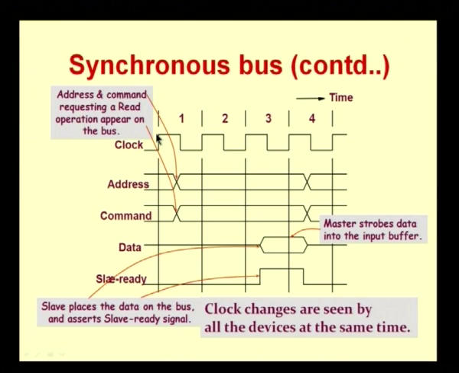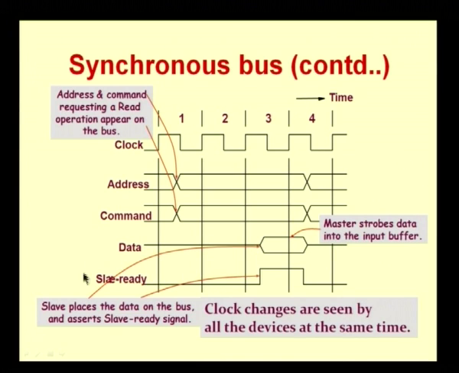You can see here I have a clock, the bus clock, running through, and say at the first clock cycle the address and the command are placed on the bus. Let us say for instance the data becomes ready only after 2 clock cycles. In clock cycle number 1 I am placing the address, and only in clock cycle number 3 the data becomes available. How is this informed?